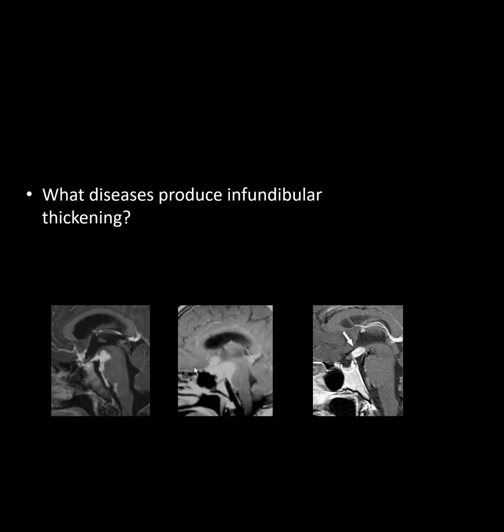For infundibular thickening, granulomatous diseases like infection from TB, like sarcoid. Let's say I told you it was a child that had lytic lesions in their skull and diabetes insipidus. What would you think of as a granulomatous disease that can give you infundibular thickening?